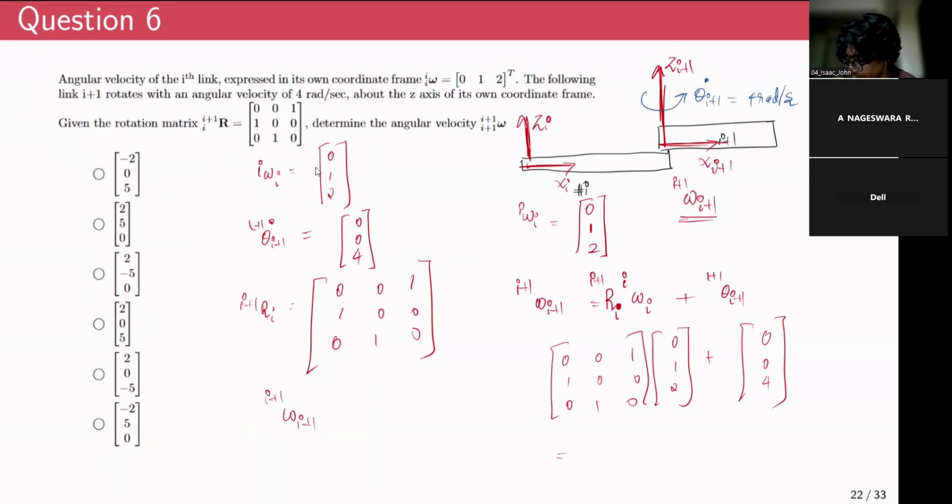If you expand this out, you will obtain 2, 0, 1 plus 0, 0, 4, which will give you 2, 0, 5. This would be the angular velocity component of link I plus 1 with respect to I plus 1. So the correct answer is 205. I think the option is option D, 205.